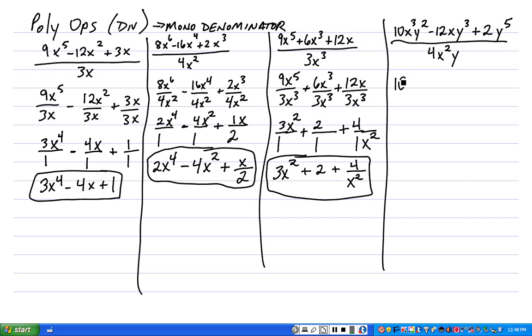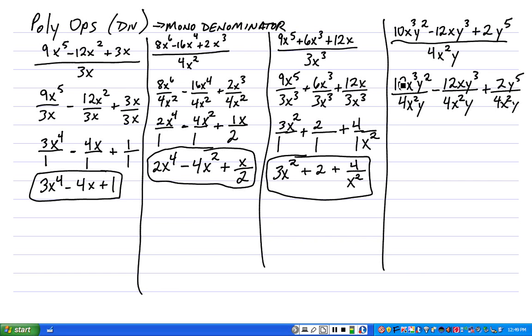Alright, so take my 10x to the 3rd y squared, write it over 4x squared y, minus my 12xy to the 3rd, write it over 4x squared y, plus my 2y to the 5th, write it over 4x squared y.